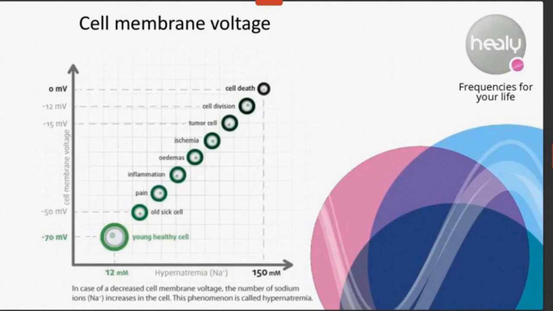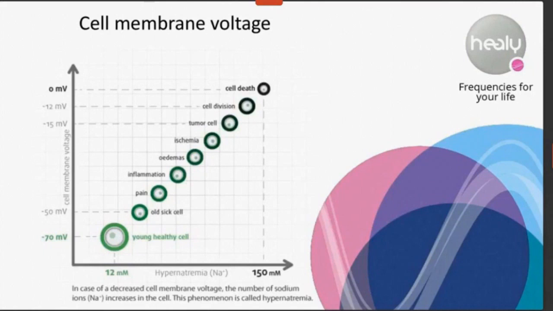So having a negative cell membrane voltage in a positive extracellular space, the cell can communicate with its environment and can take in nutrients and also give all the waste products into the extracellular space, which is at some point flushed out to all the detox organs and tissues and so on.